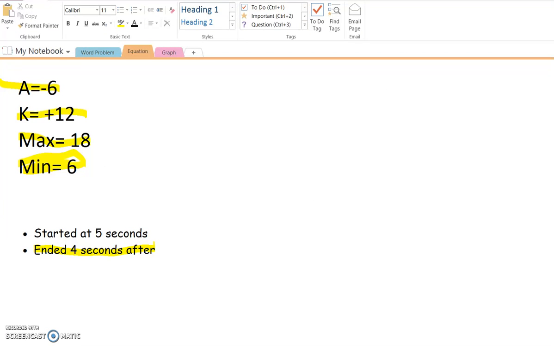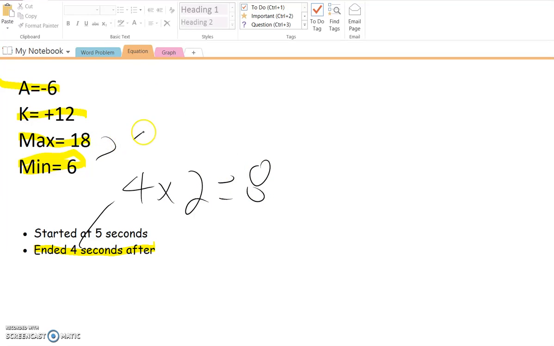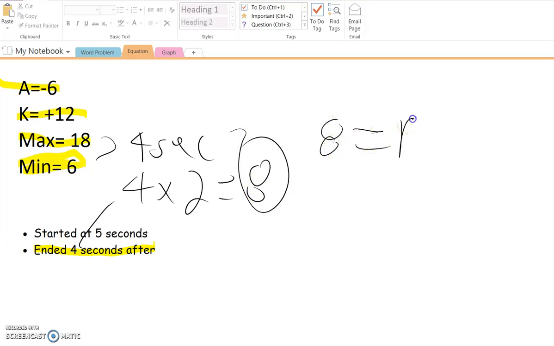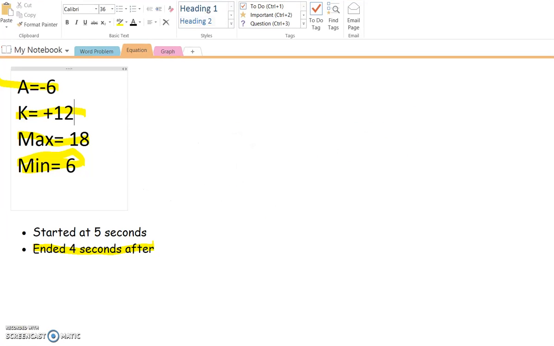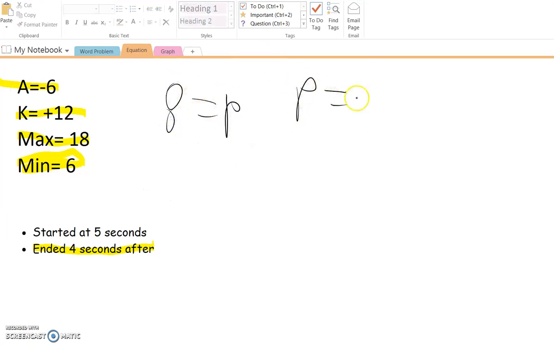Next we must find b of the equation, and the way we do that is we do 4 times 2, which equals 8. The reason why we do that is because we know it takes 4 seconds to go from the maximum to the minimum. And so to go from the minimum to the minimum again would be 8 seconds. That's how we know 8 is equal to the period p. We plug that into p equals 2 pi divided by b.